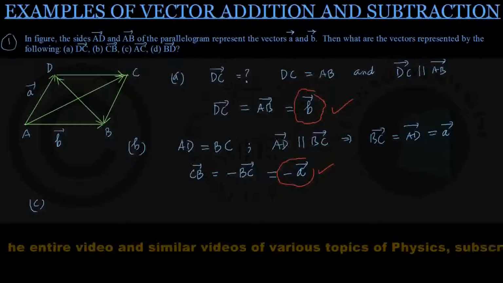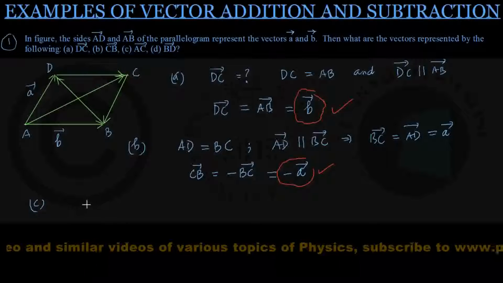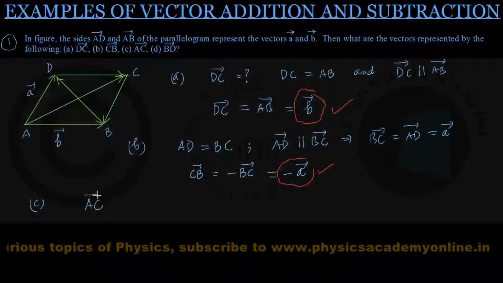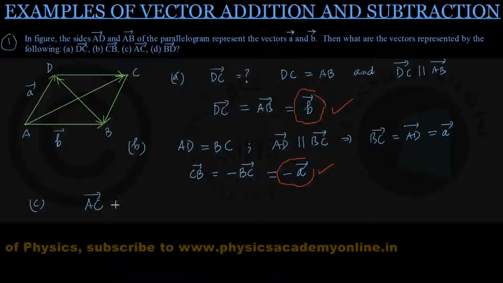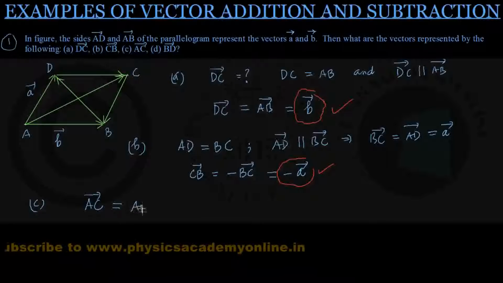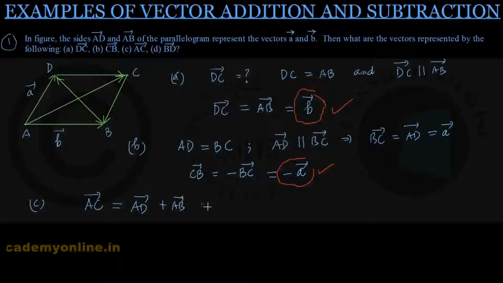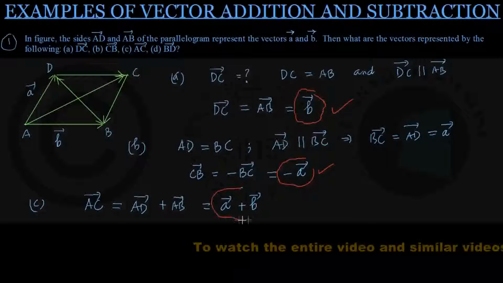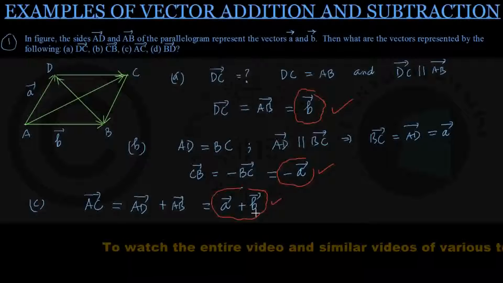So even applying the addition law of parallelogram straight away, we could write down that the AC, the diagonal passing through common tail A, represents the summation of AD plus AB, of course vectorially, and that is simply the vector A plus vector B. So the vector sum is given by the arrow AC. Now that is the third part, and let me highlight as usual. I'm doing this. This is the third part's answer.